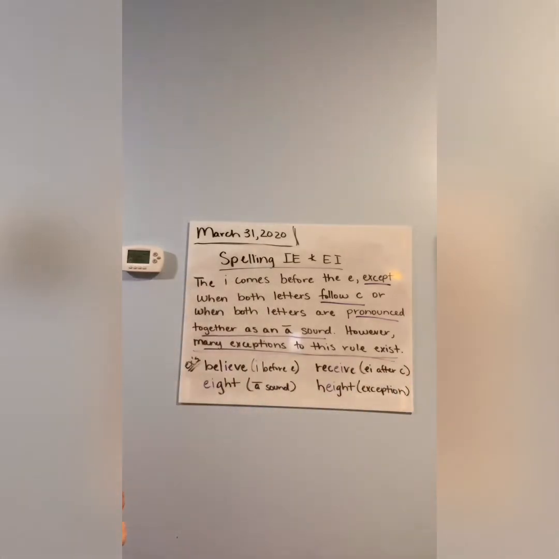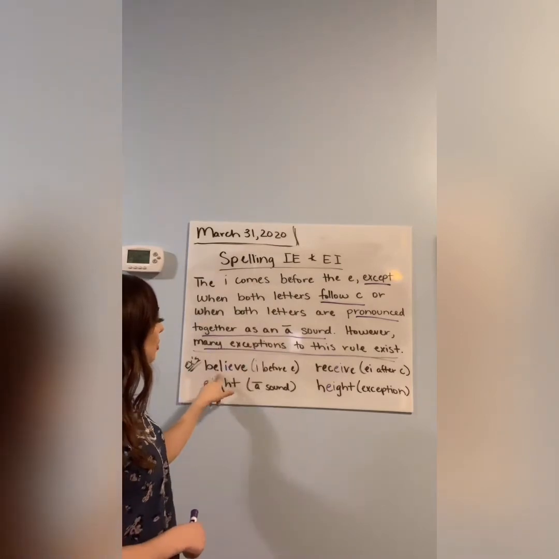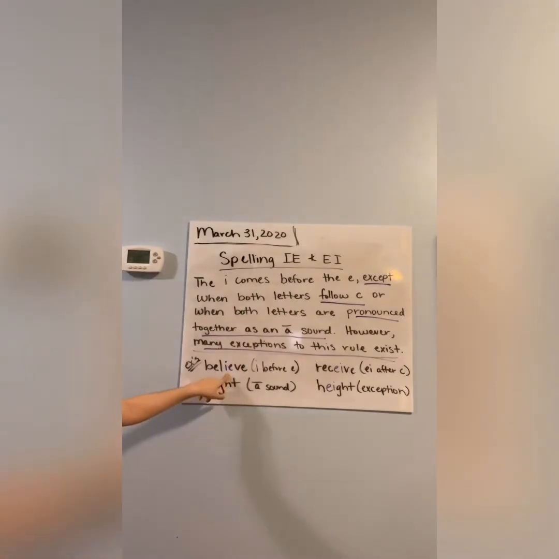Okay, so let's go ahead, and I wrote some examples for you guys so that we can get a better grasp on it. These examples are also on page 293 for your lesson 93. The first example is the word believe. Remember, I comes before E except when both letters follow C. Are both letters following a C in the word believe?